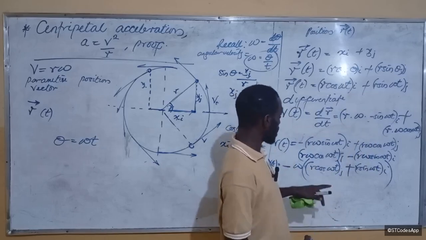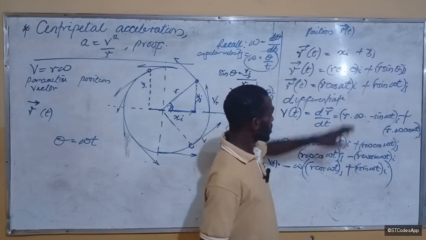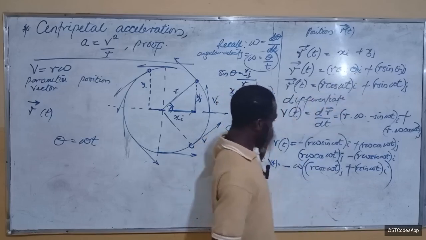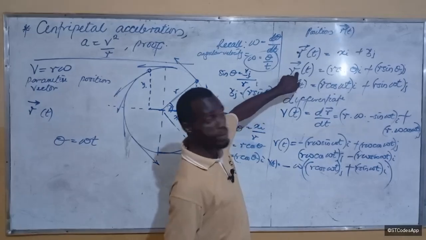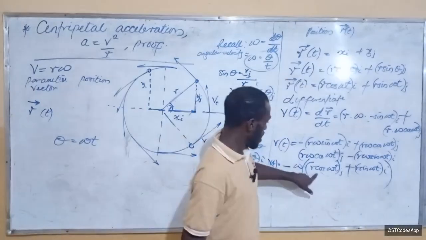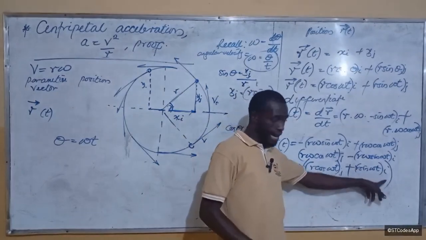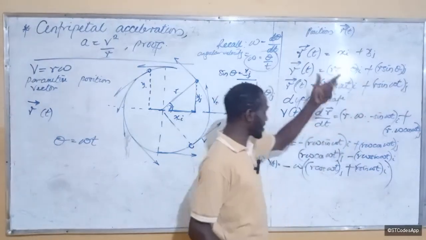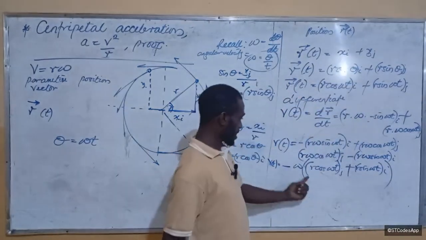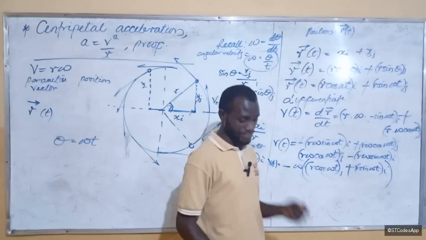Okay, I rearranged, yes. The point I want to show you is that this whole thing gives you back your r. r cos omega t j plus r sine omega t i. Even though i is interchanged here, basically it's still r. So the entire thing here is r, so omega times r. Is it clear?